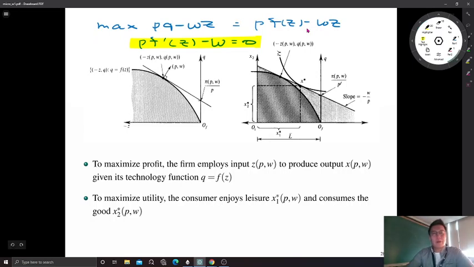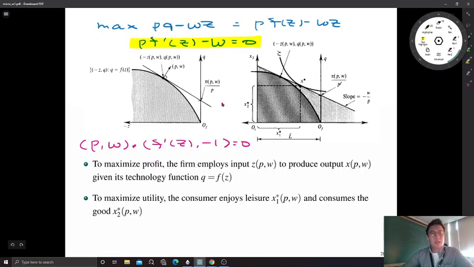Then this is the first order condition for profit maximization. So it can be rewritten as P comma W, that is the price vector, dot product with F prime of Z comma minus 1. This highlighted first order condition can be written as the dot product of these two vectors. And if the dot product yields a value of 0, that means these two vectors are perpendicular.